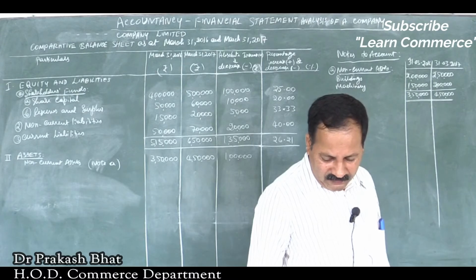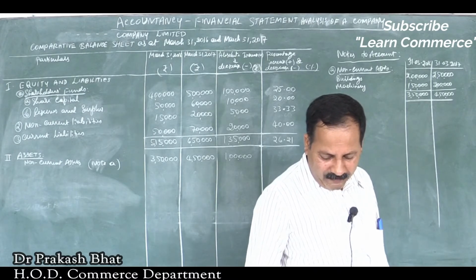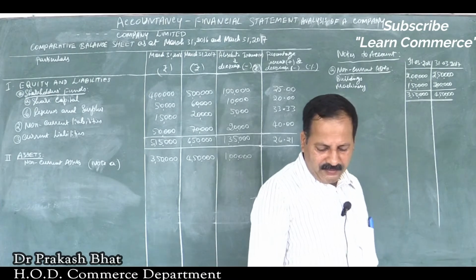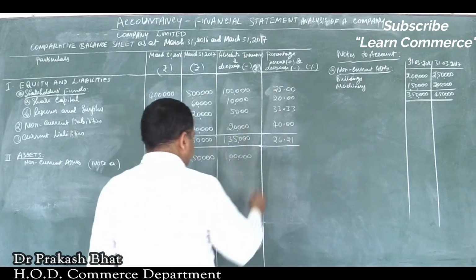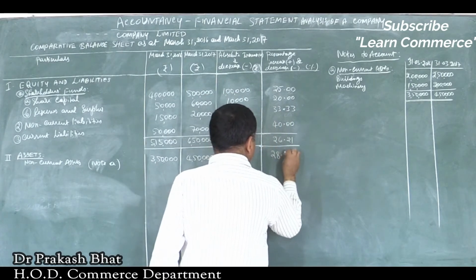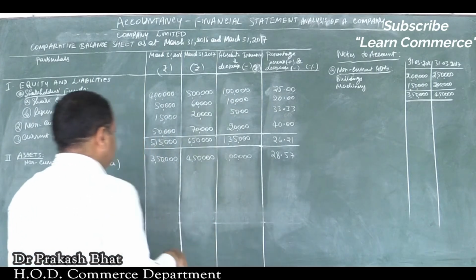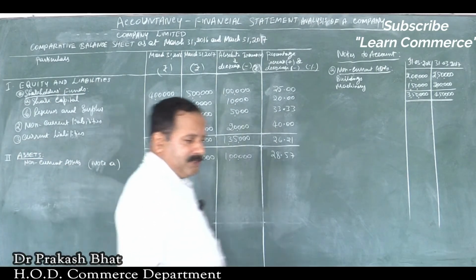So 1 lakh into 100 divided by 3.5, isn't it? 28.57. Then non-current assets are over.